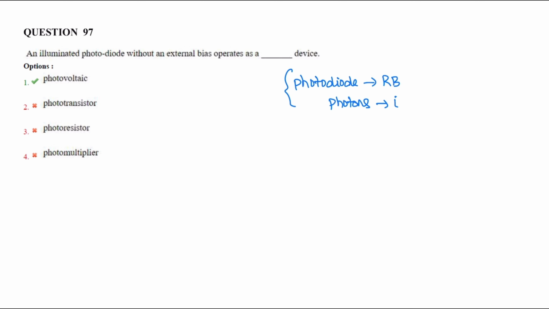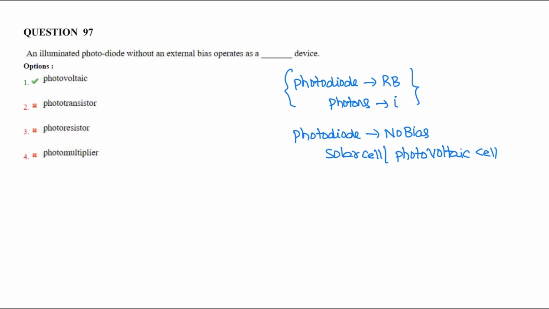If there is no bias given to the photodiode, under no bias condition, it acts like a solar cell, that is photovoltaic mode, a photovoltaic device.